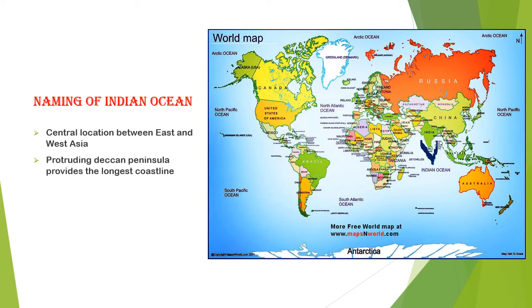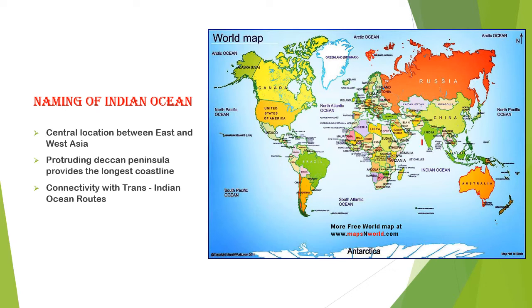This landmass is providing India with the longest coastline, and because of this longest coastline there are a number of sea routes, and these sea routes are paving the way to the connectivity of trans-Indian Ocean routes. Now, what are trans-Indian Ocean routes?